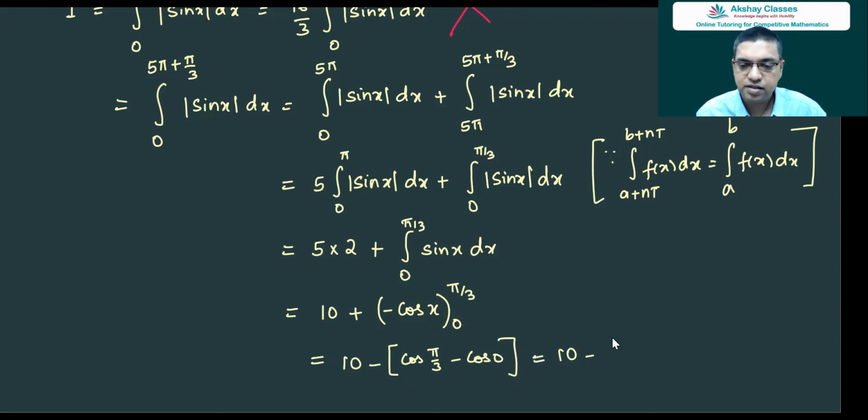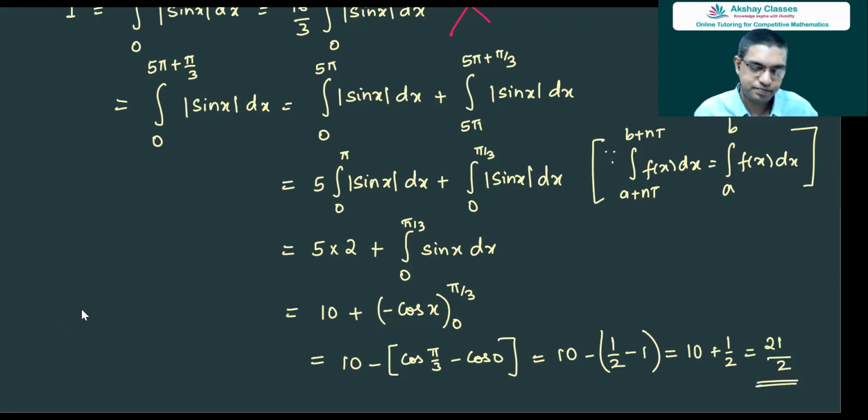So 10 minus half minus 1. So you get this as minus half into minus sign will be plus half. So it is 10.5 or 21 upon 2. This is the correct answer.